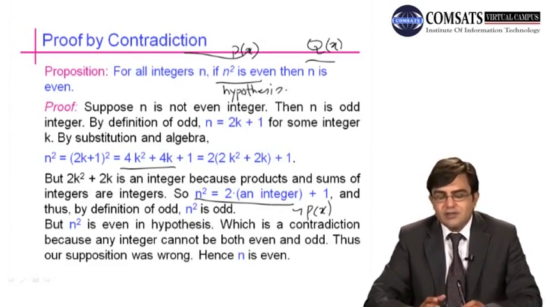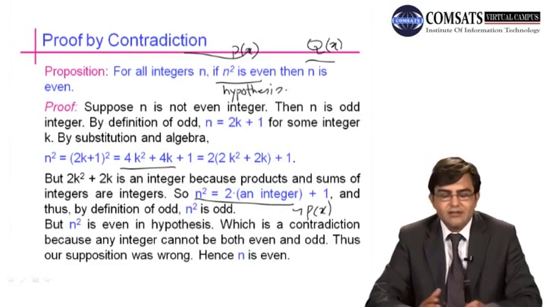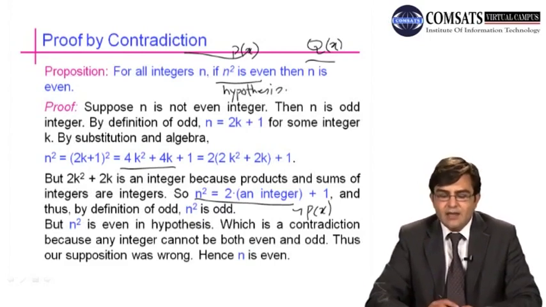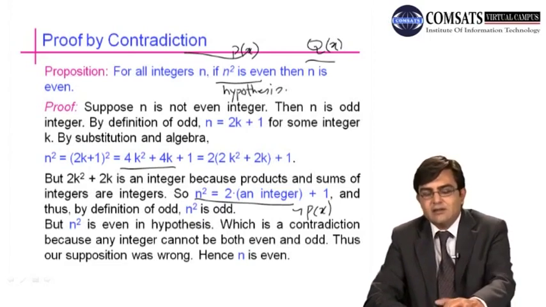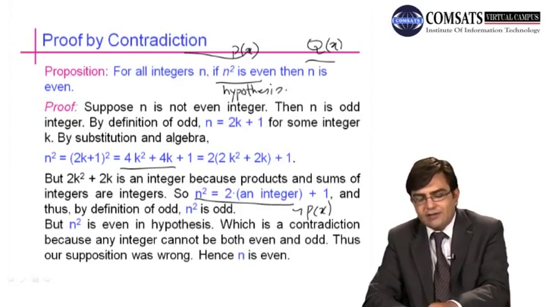So in the method of contraposition, we also try to arrive at not p of x. In the method of contradiction also, we automatically arrive at not p of x. In the method of contradiction, by the hypothesis we have supposed that p of x is true, and we have arrived at not p of x is true.